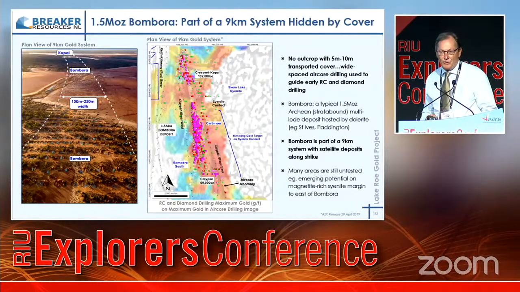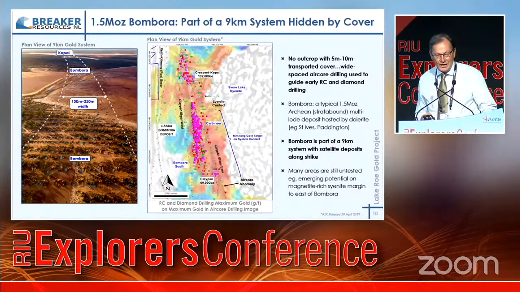They're sitting on an air core image shown in orange in the background. So what you're seeing there is the main Bombora deposit, 1.5 million ounces. It's our initial area of focus within a gold system that's still growing.